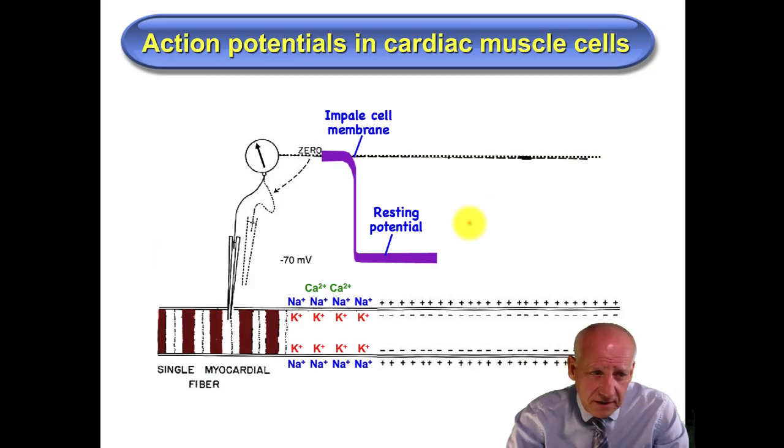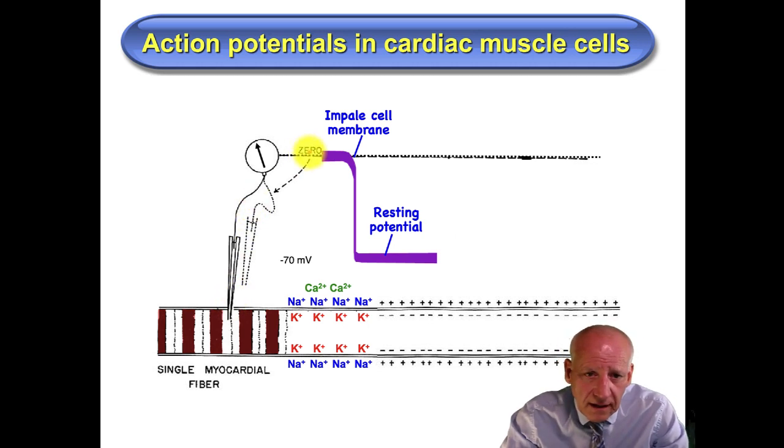To understand how excitation spreads through the heart, we have to consider certain special features of the cardiac action potential. Suppose that we use a slender glass microelectrode to record the membrane potential in a single cardiac myocyte in the ventricle.